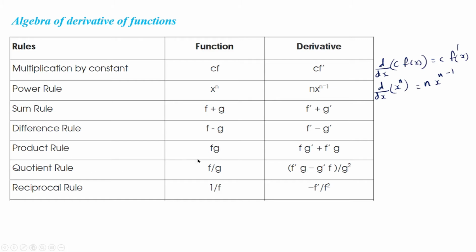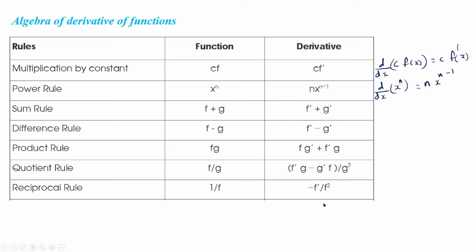And then we have the product rule. The derivative of fg is fg dash plus f dash g. And the quotient rule. The derivative of f upon g is f dash g minus g dash f, the whole thing divided by g square. This rule also we just now saw. And lastly we have the reciprocal rule.